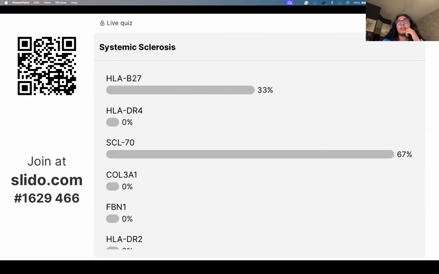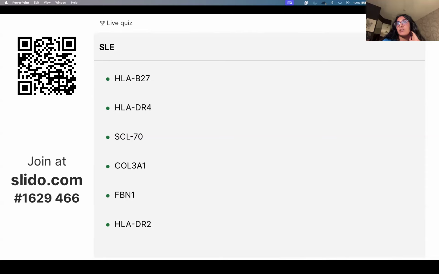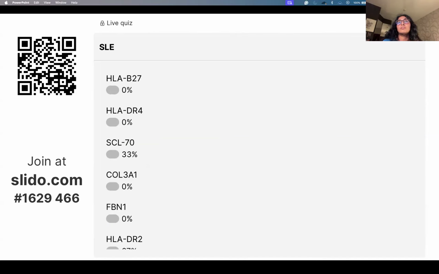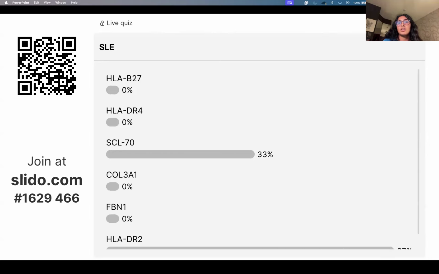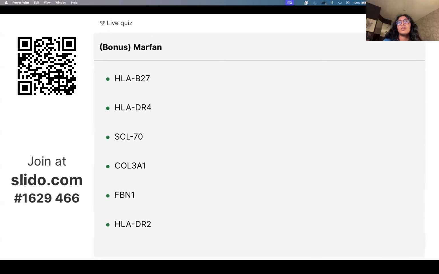And it's not a seronegative arthropathy. SLE: there can be a bit of overlap between some of these markers, so it's possible that people are positive for more than one. This one is DR2. So DR4 rheumatoid typically, DR2 SLE.